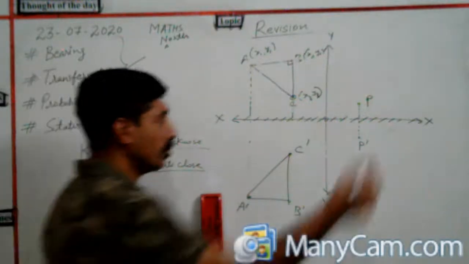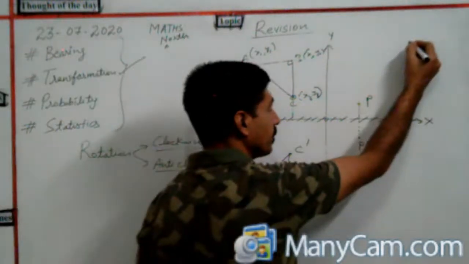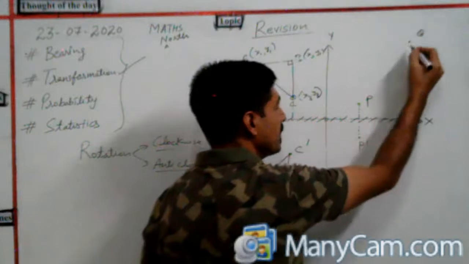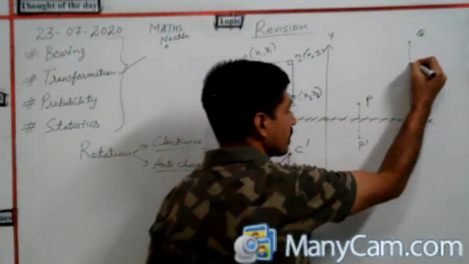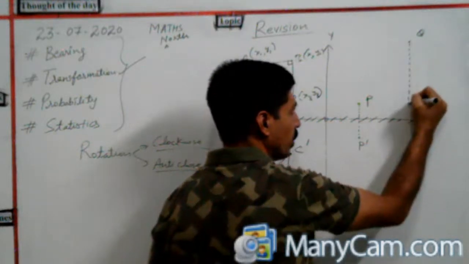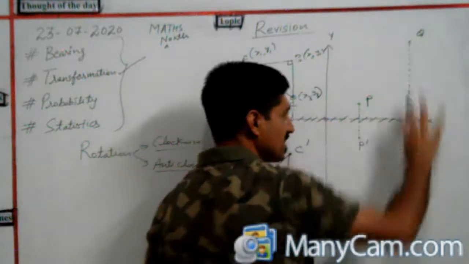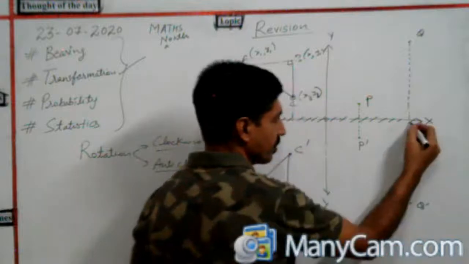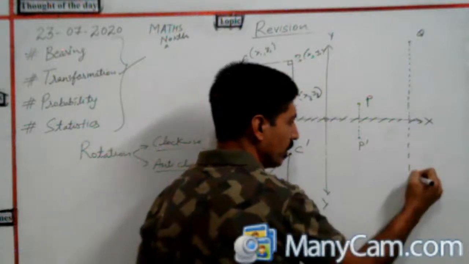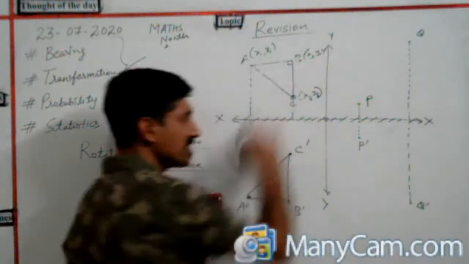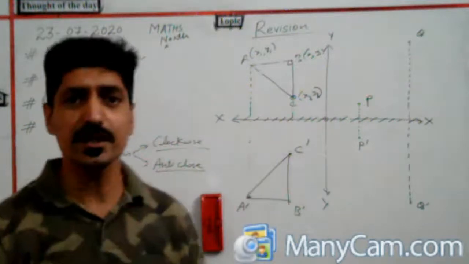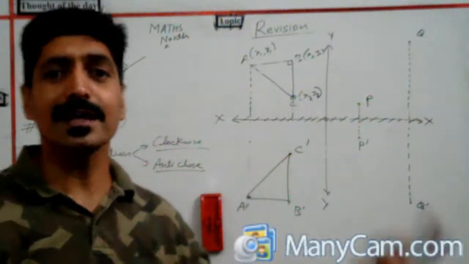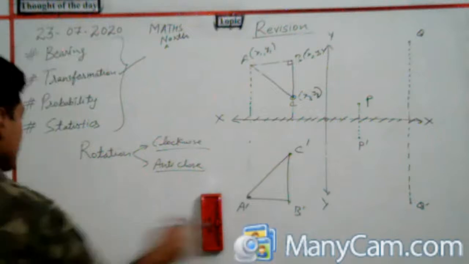If any point Q is lying in the first quadrant, the same distance below we will have its mirror image, that is your reflection. In the first case we discussed rotation, now we are talking about reflection.